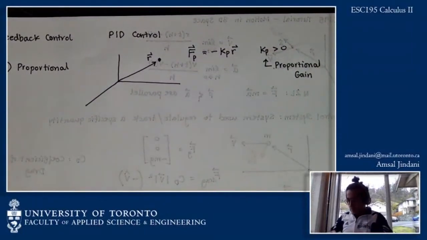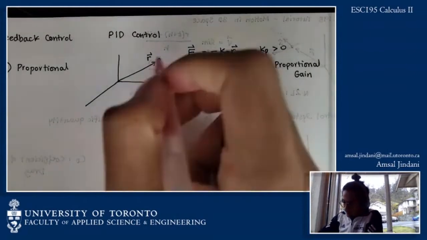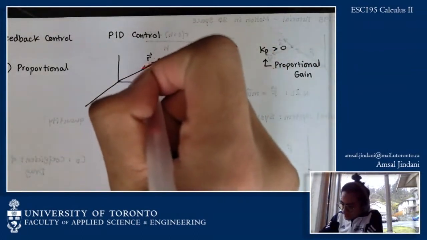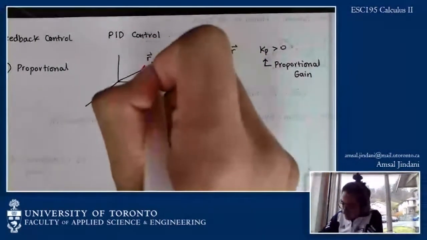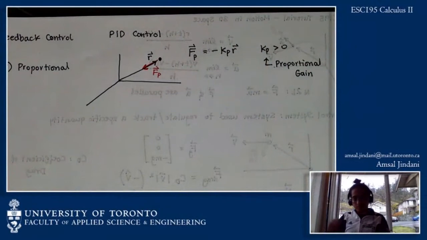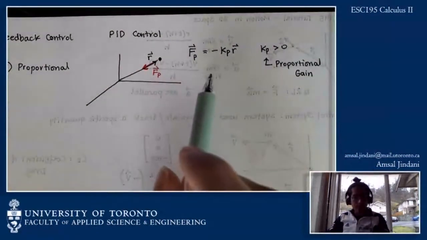So if the particle was at that position, then Fp is going to look like some force like this. So you have Fp, pointing back towards the origin in this case. And you've actually seen this before.